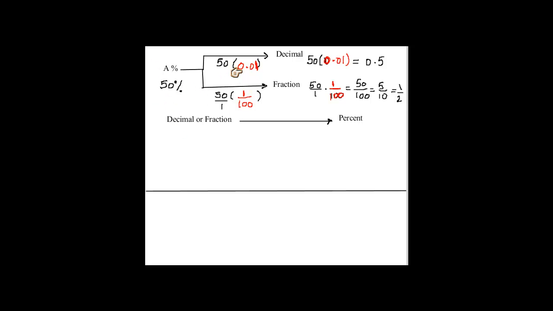So if I want to go back and convert a decimal or fraction to the percent, let's take a look at that. So if I have b here and I want to convert it to the percent, Richard, can you guess what you have to multiply b with? What would be a factor here?